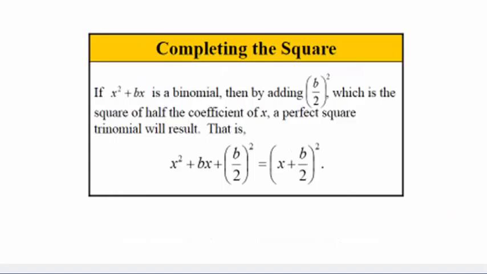Now the new thing that we add to this in Math 80 is the idea of completing the square.